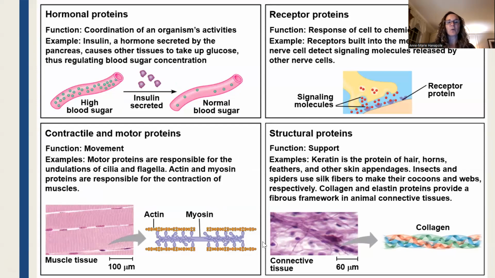Some of them are hormonal proteins, so think of insulin regulating your blood sugar level. We've got ones that work in sending signals, so like in our nervous system. We've got contractile and motor proteins like our muscles. We've got structural proteins that kind of help to form the structure in our cells. Our hair is made up of structural proteins like keratin.